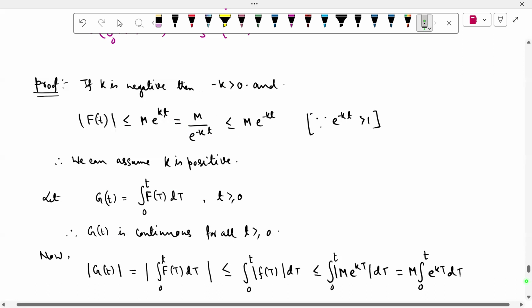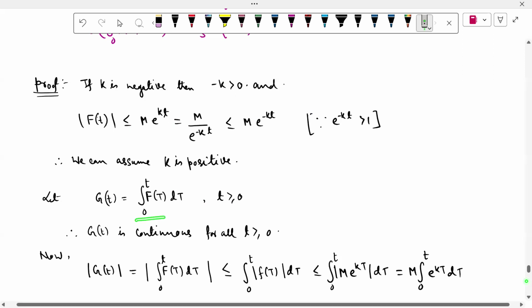So we can always assume that k is a positive number. There is no harm in it, because if k is negative, we just take the negative of that number. If k is minus 2, the negative of minus 2 is plus 2. So some such k always exists.